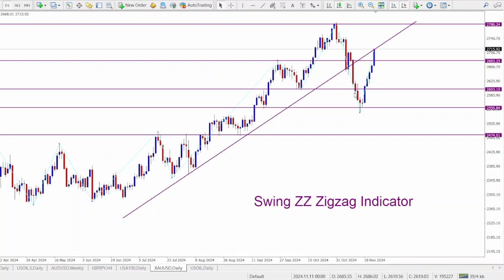Now, like I said, you can confirm your signals using other indicators. For example, you can use the moving average for your confirmations. As we have identified this as a bullish trend, when the Swing ZZ Zigzag Indicator shows us that a corrective move is over, it means that the bullish continuation is about to happen.